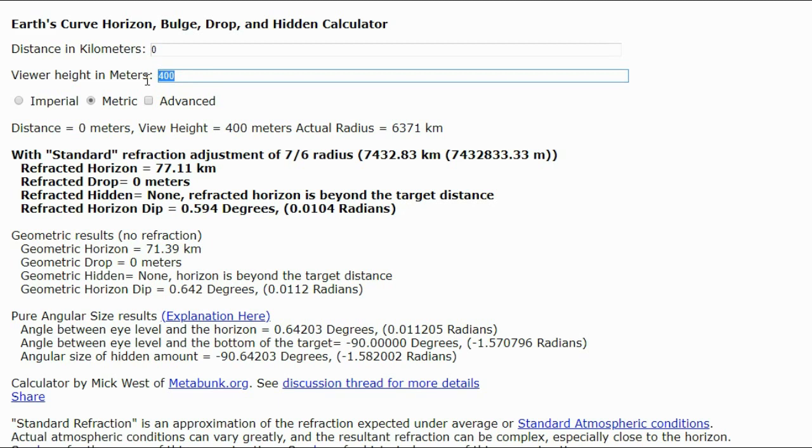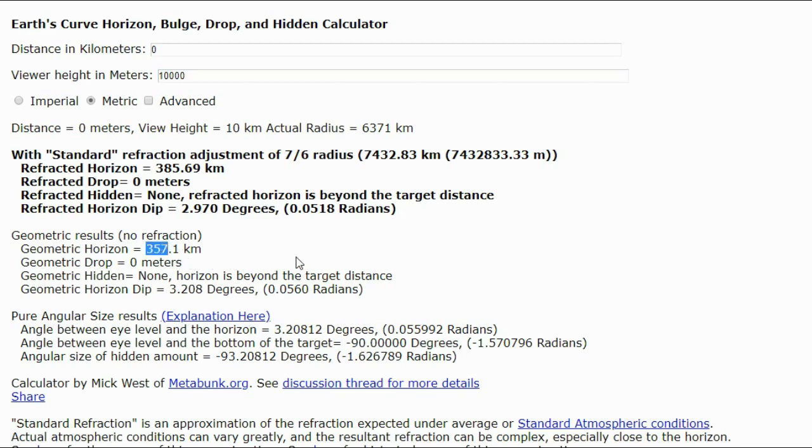What if we go to the height of an aircraft, which is 10 k's up? At 10 kilometers high in an aircraft, the geometric horizon is 350 kilometers away, and my dip to the horizon is 3.2 degrees. In other words, my level line, instead of being 90 degrees, is only 86.8.